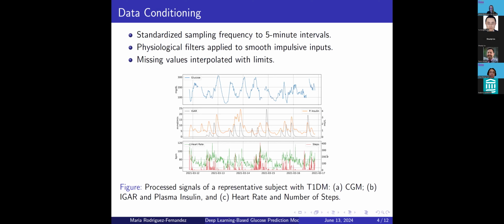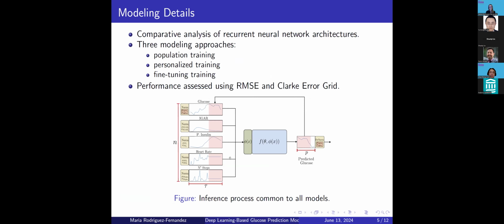And we have here the heart rate that is correlated with the exercise levels and the number of steps they were performing per day or per minute or per hour. And as you can see, we have these two groups, diabetes patients and healthy patients, because we wanted to also see how the models perform in these two different groups that have a pretty different glucose behavior.